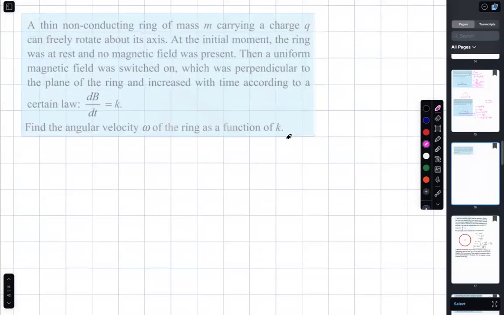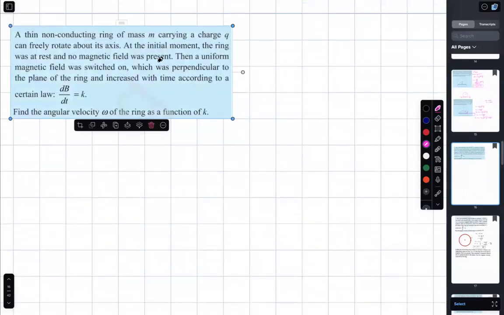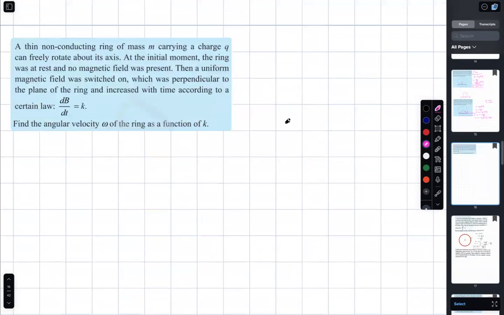Everyone try to do this question. Very good question actually. Three to four models are there. If you work on them, that's quite sufficient. Thin non-conducting ring of mass m.